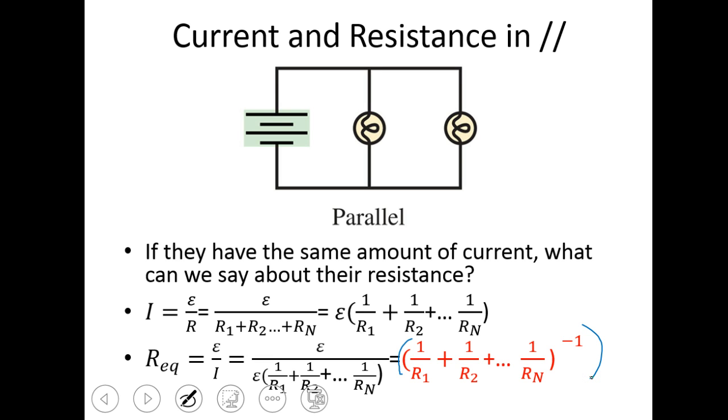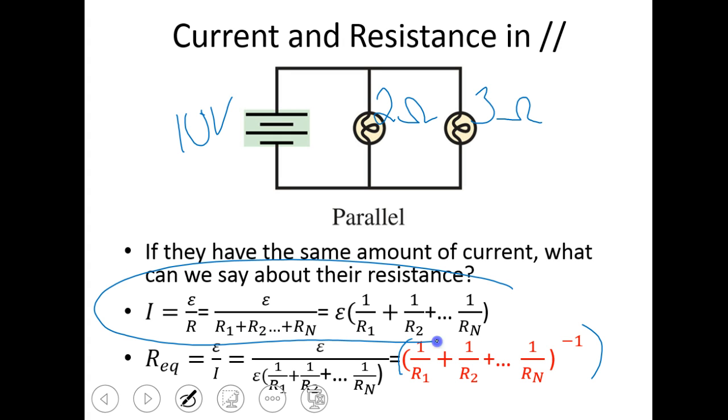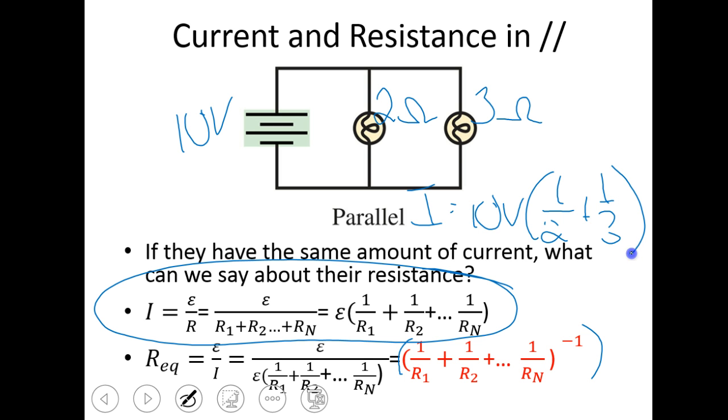To find the equivalent resistance, I take 1 over the resistance of each. So again, if I have a 2 ohm and a 3 ohm resistor, and let's say a 10 volt battery again, I would use Ohm's law right here, and I would say that the total current flowing through this circuit is equal to the 10 volts, the EMF of the battery, times 1 over 2 ohms plus 1 over 3 ohms.